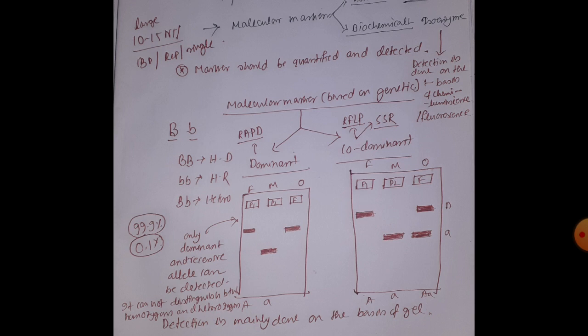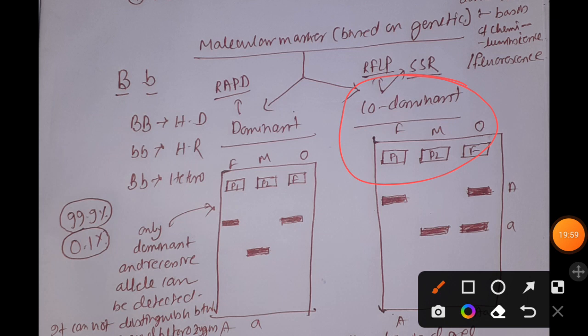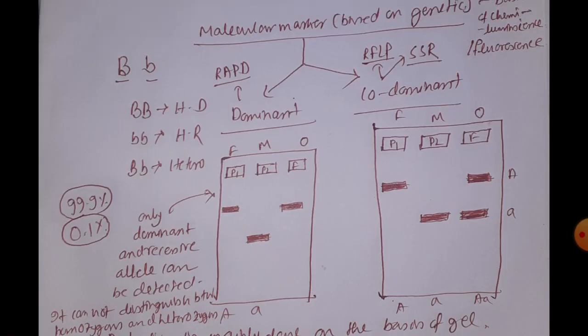For doing this you have to switch to codominant markers. These codominant markers will help you understand the difference between homozygous and heterozygous, and also help you distinguish the genotype of the offspring. So that is the idea of molecular markers.